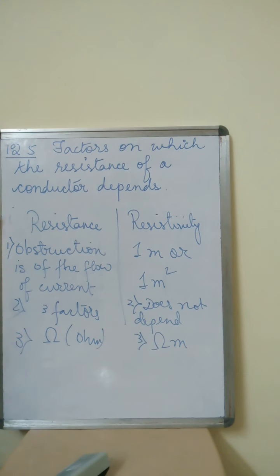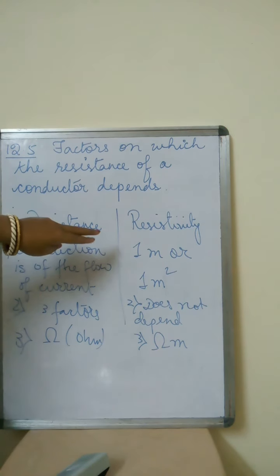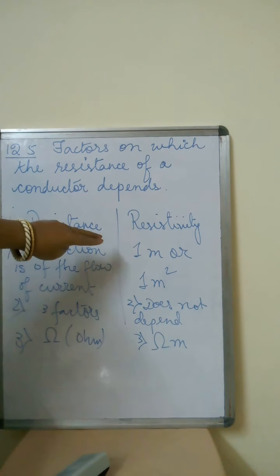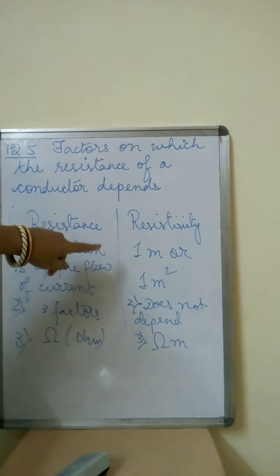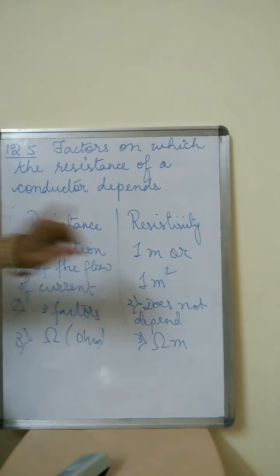So is this clear? The difference between resistance and resistivity. The resistance of a conductor is the obstruction offered by the conductor to the flow of current through it, and the resistivity of a material is the obstruction offered by a conductor of that material of length 1 meter and area of cross section 1 meter square.